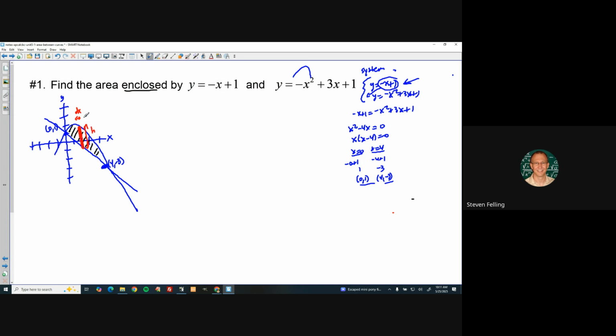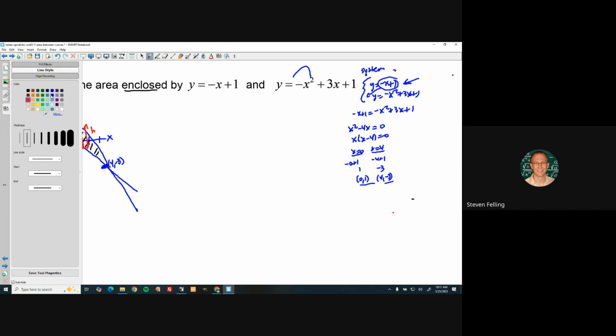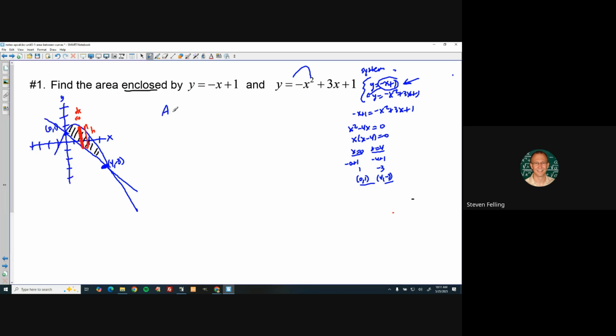Right. So since I'm finding an area, now I'm going to make an integral that matches this. This area is an integral. Well, in general, it's an integral from a to b of the height times a little incremental width. And so now I know that this incremental width is in the x direction. And for this height, I'm going to imagine that there's a y on the top of this, and there's a y on the bottom of this.